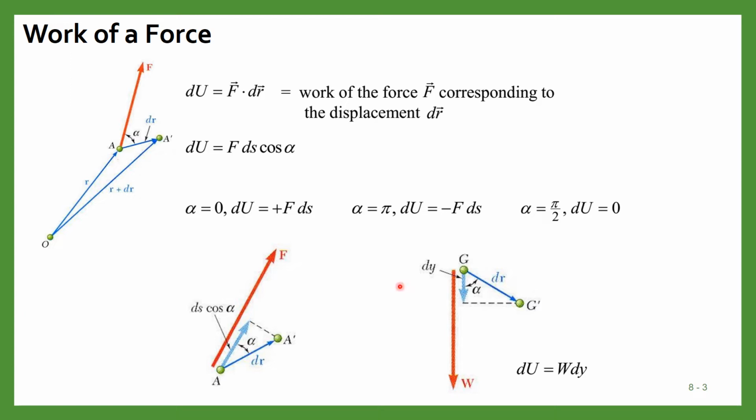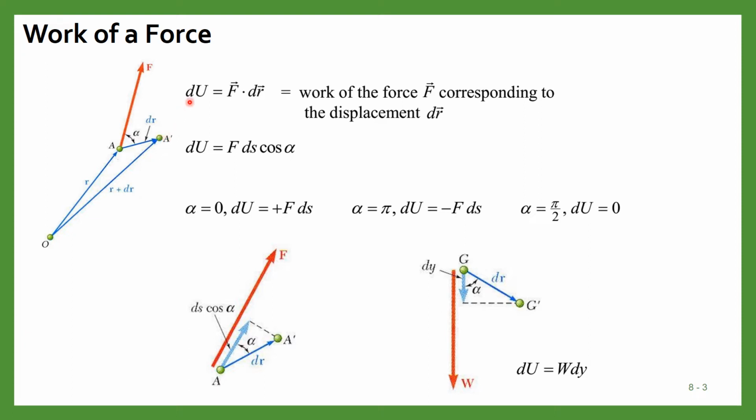Now let us understand the work of a force. Suppose this is the force, which is applied at point A, and under the action of this force the particle moves to another point A dash. Here r is the initial position vector of the particle, and r plus dr is the final position vector, while dr is the displacement vector.